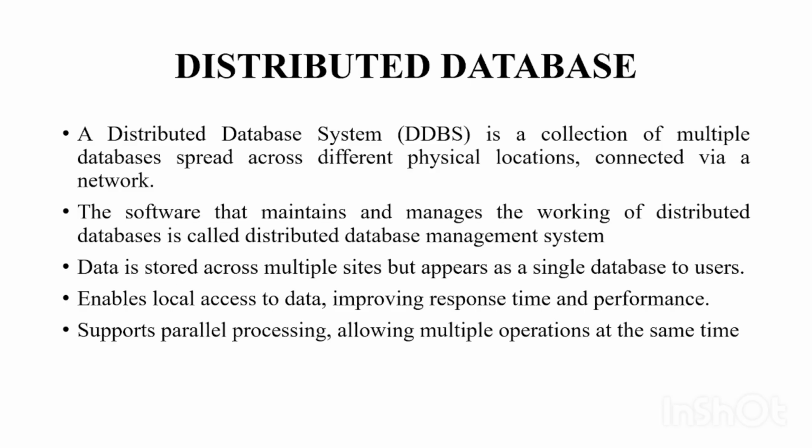How it works: data is divided and stored in different locations, cities, countries, etc. All servers communicate with each other through the middleware. When you request data, the system collects it from the right place.